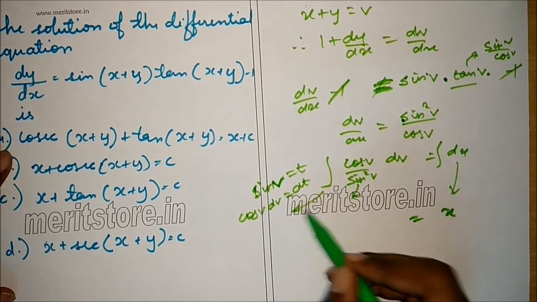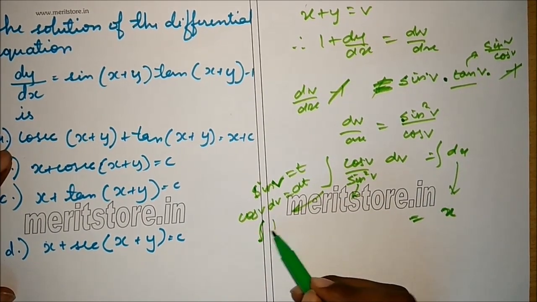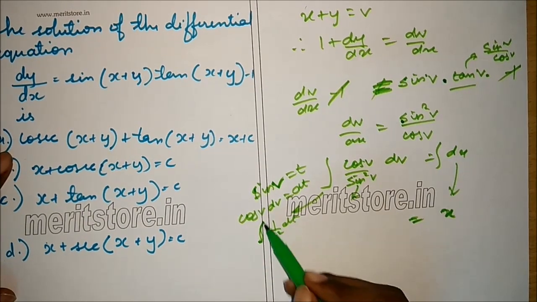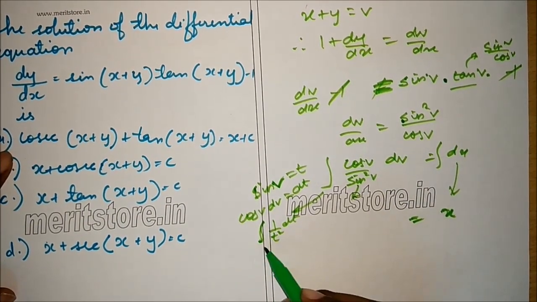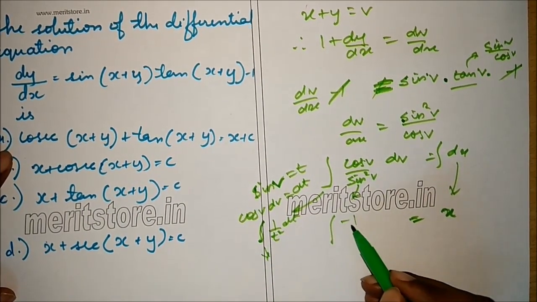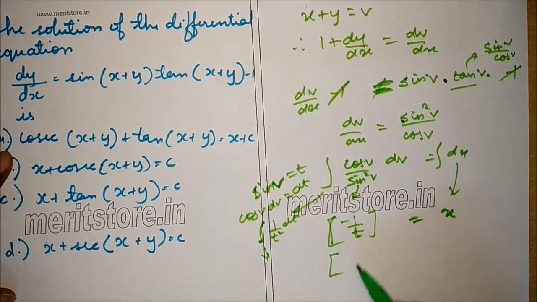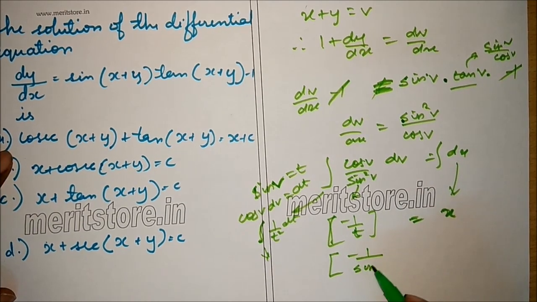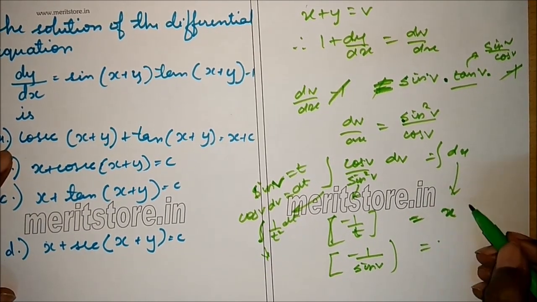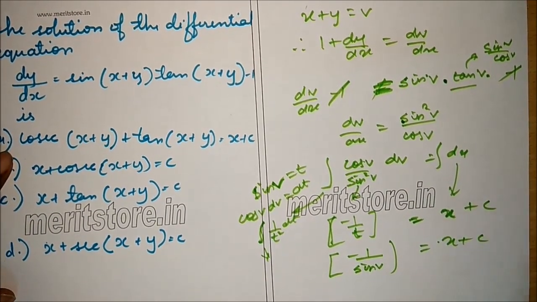So this will convert into integration of 1 by t square dt. So integration of 1 by t square is minus 1 by t. So this will be minus of 1 by t, where t is sine v. So this is equal to minus 1 by sine v is equal to x plus c.